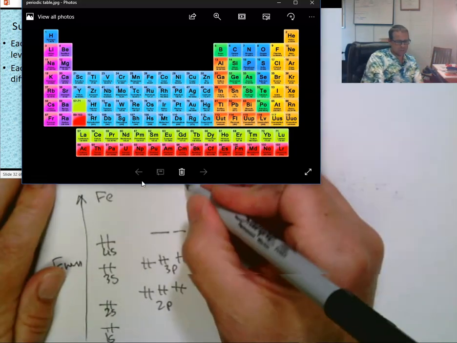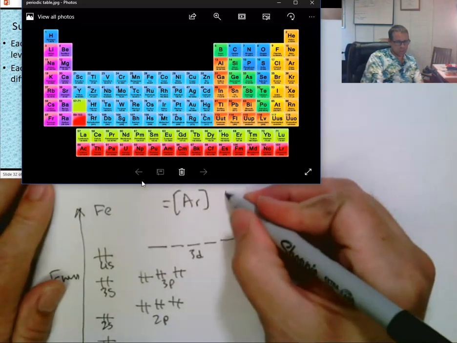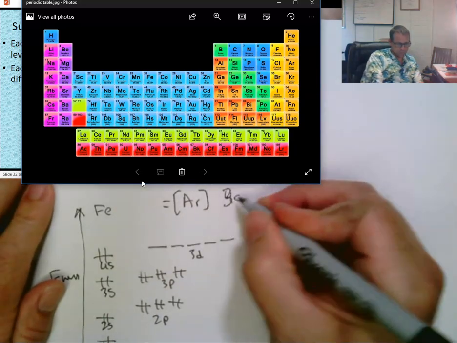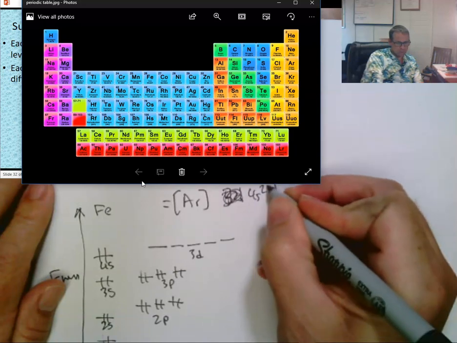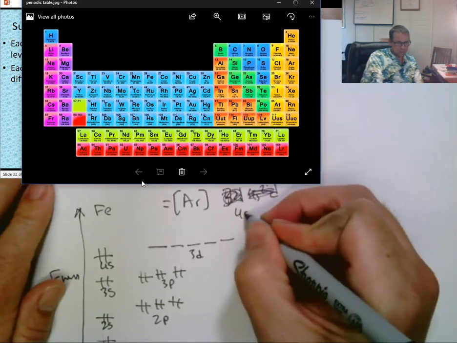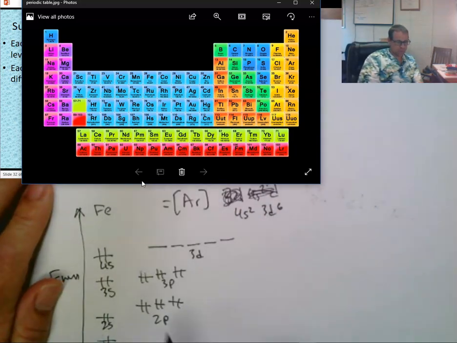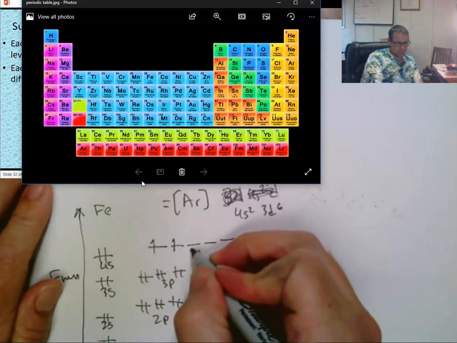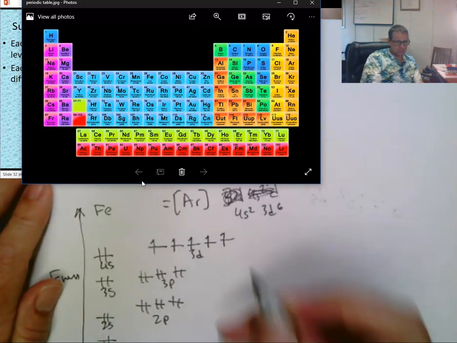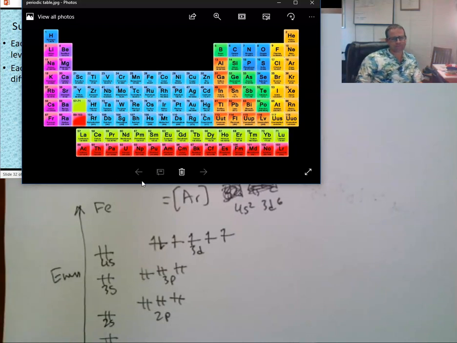All right, so this is the electron configuration: argon, 4s2, 3d6. It has to look like this. 1, 2, 3, 4, 5. Every orbital has to get 1 before we pair up, and then the sixth gets paired up there.